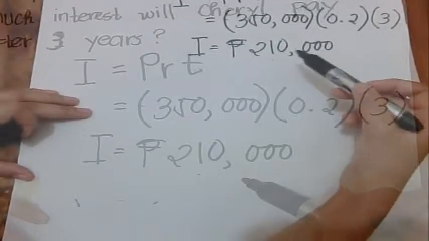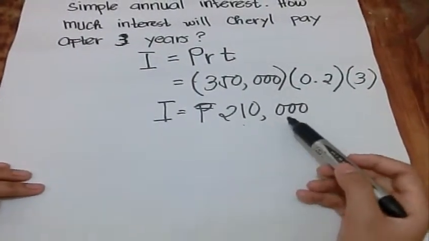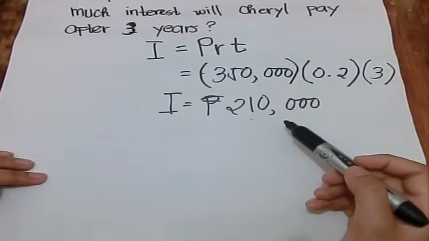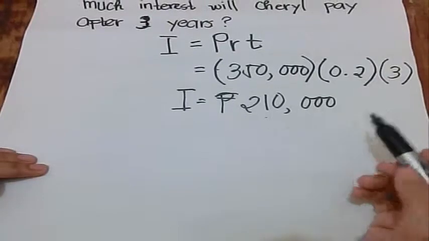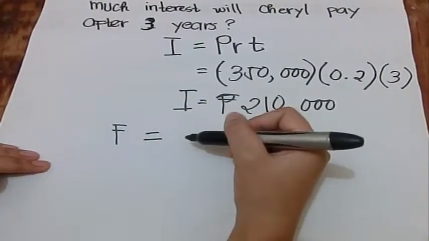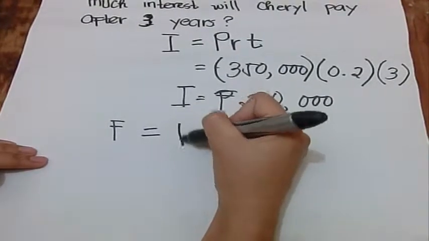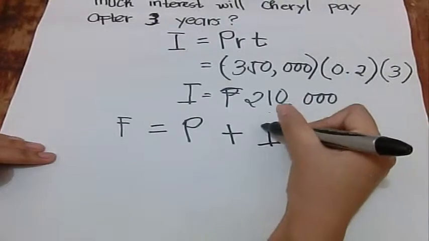Okay, since we have already the interest, which is 210,000 pesos, now we are going to find the accumulated value or the final value denoted by F. So, the formula is the sum of the principal amount and the interest.